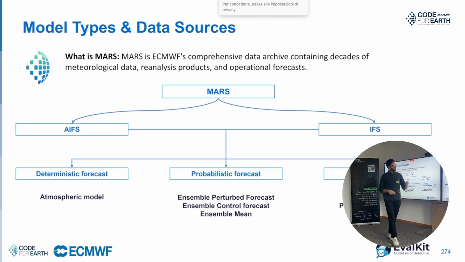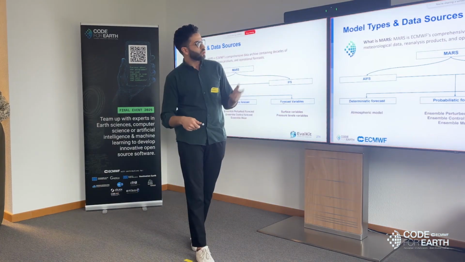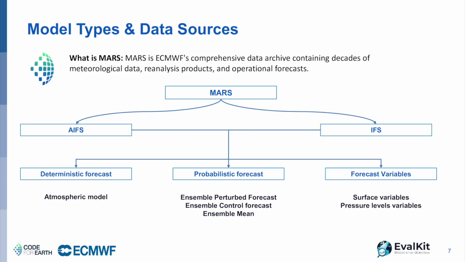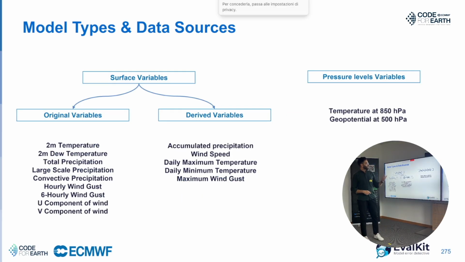And for the last part, we were working on two types of variables: surface variables and pressure level variables. For surface variables, we have the basic variables, which are temperature, total precipitation, and wind gusts, and we try to derive some other useful variables, for example, accumulated precipitation, wind speed, and the daily maximum for some parameters.